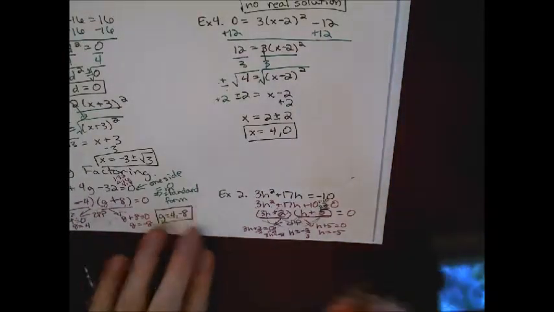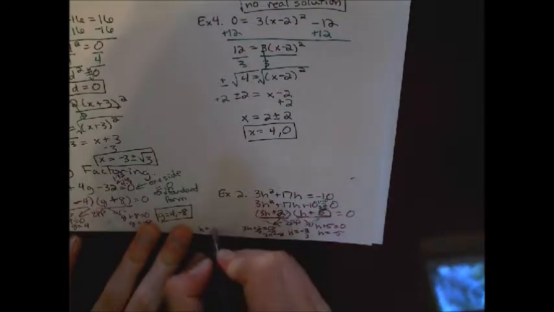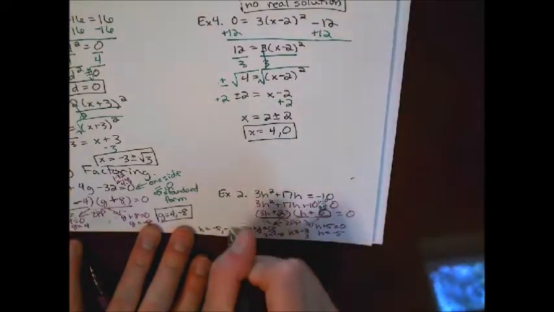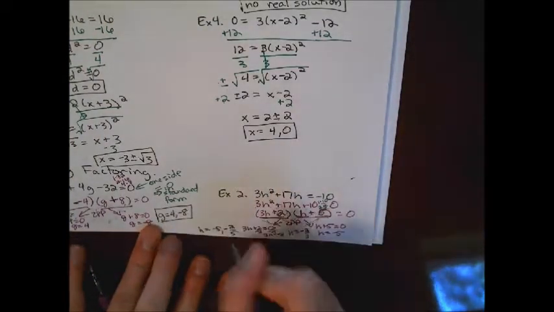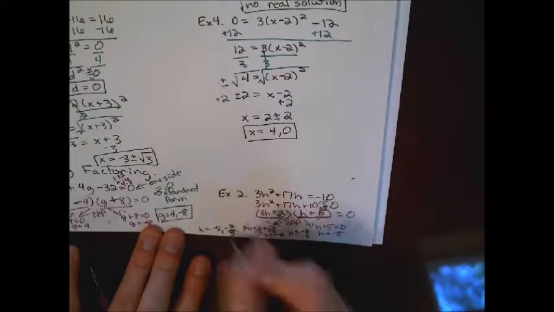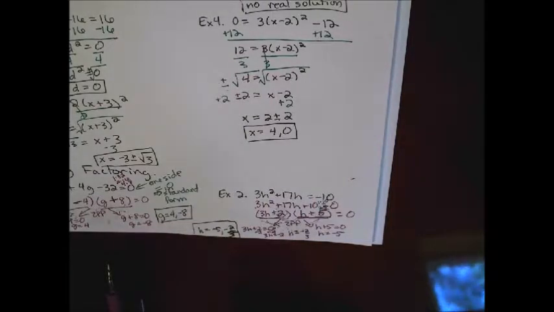Final answer, h equals negative 5 and negative 2 over 3. And that is solving by factoring.